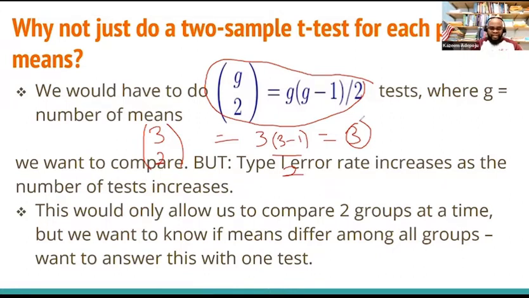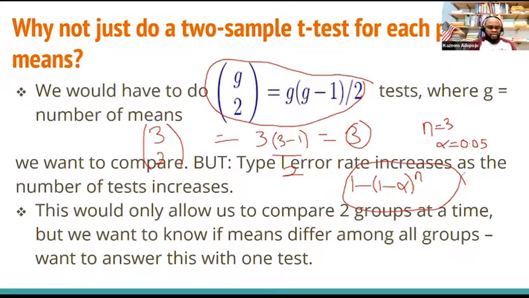And if it is 3, let me tell you, this is going to be the type 1 error rate in that situation: 1 minus alpha raised to the power n, where n equals 3. If you plug in 3 here, and you're using the level of significance alpha of 0.05, the type 1 error rate is going to go up.